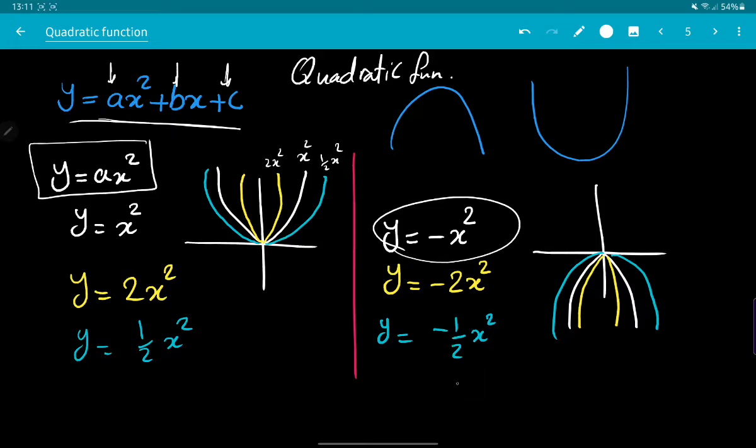So when a is a positive value greater than 1, the graph would be narrower. And if a is less than 1, it will be wider.